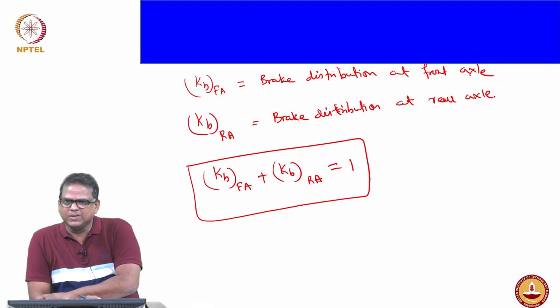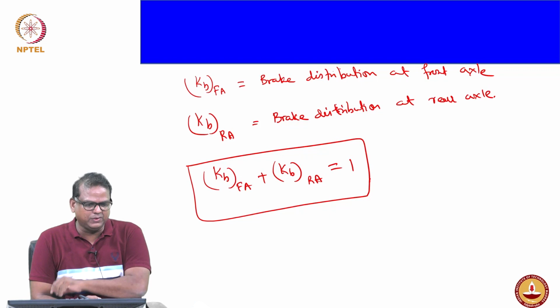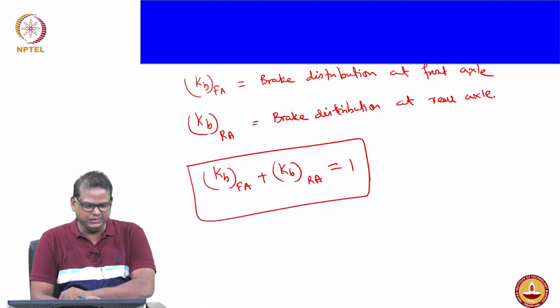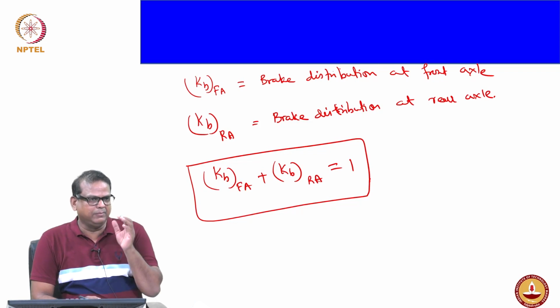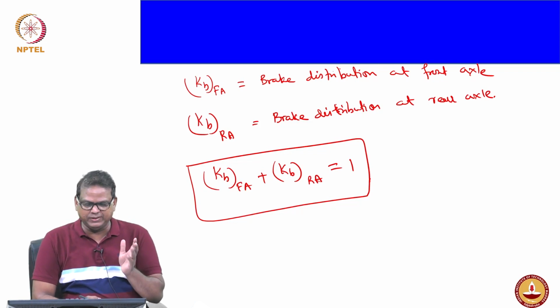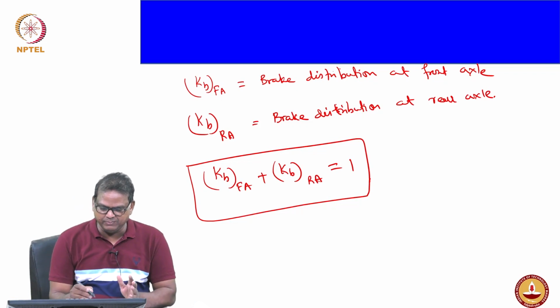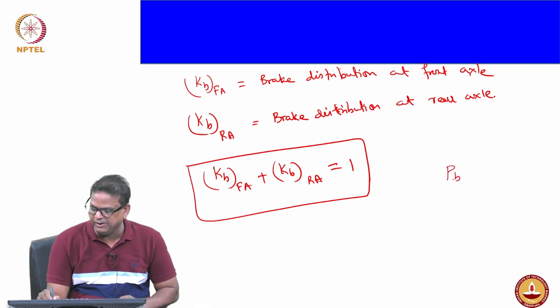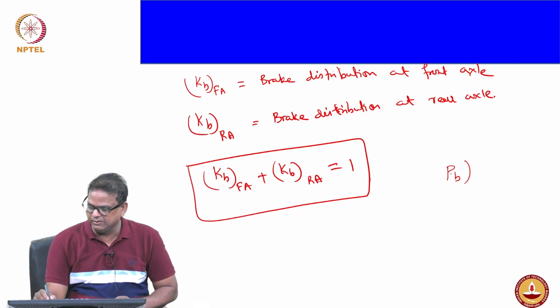And also we have discussed one more important thing. This is the proportion we need to have. What are the brake forces? When you talk about brake force, I am talking about your PB at the front axle and PB at the rear axle.